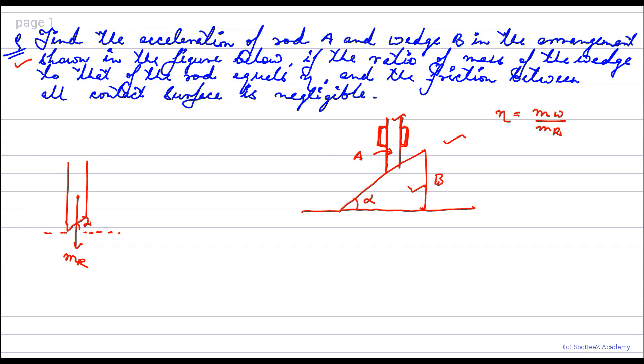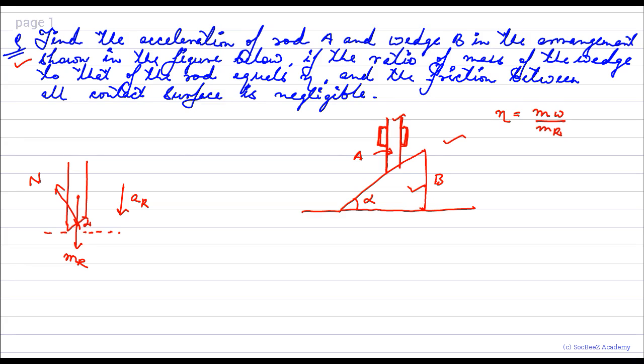And there is going to be a contact force between the bar and the wedge, and on the rod the contact force is going to be directed in this direction. Let's say its value is N. Now let's say that this rod or bar has an acceleration ar in the vertically downward direction.